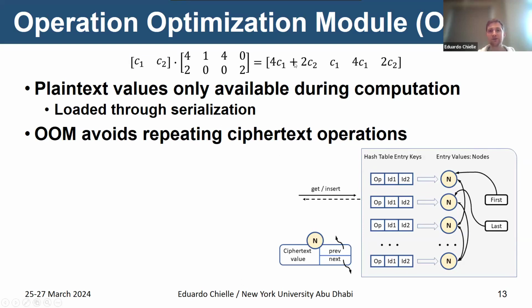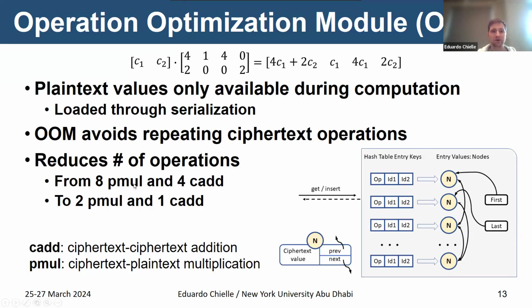So when we are going to do this operation, we check if this value is already in this module. If it is, we return. If it's not, we compute and add it to the table. And this module is a sort of data structure that mixes hashes and queues. It's well described in the paper.